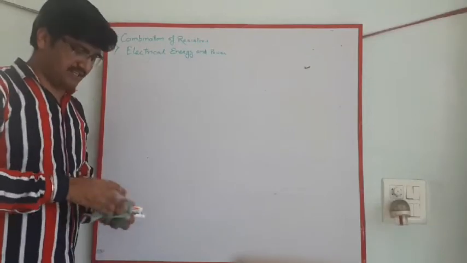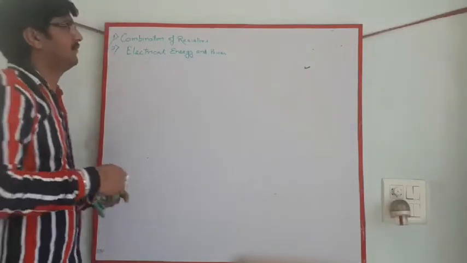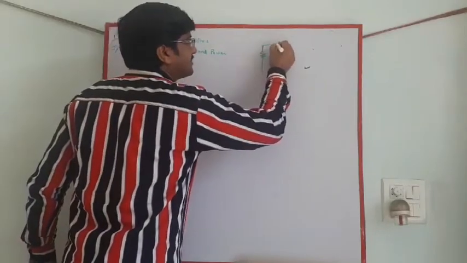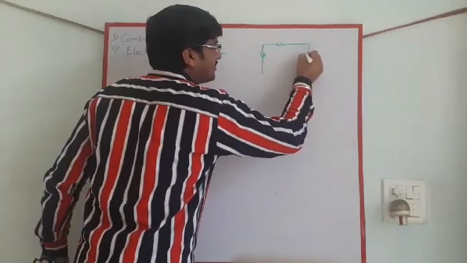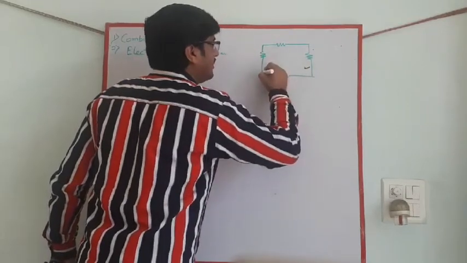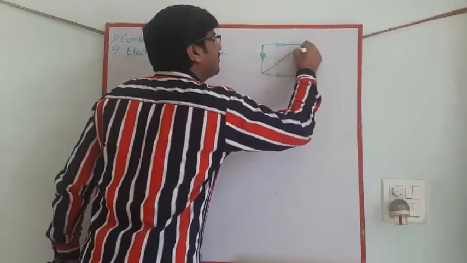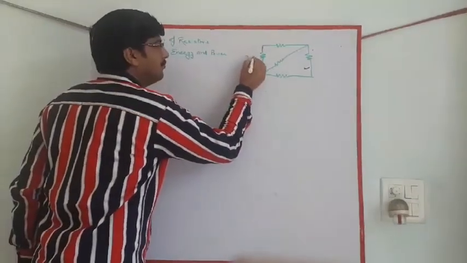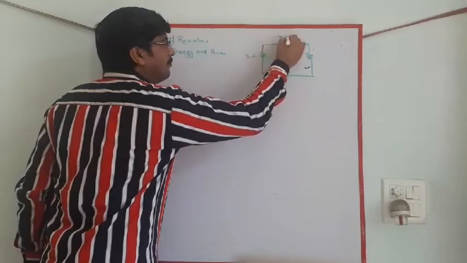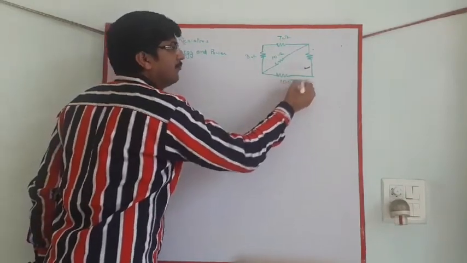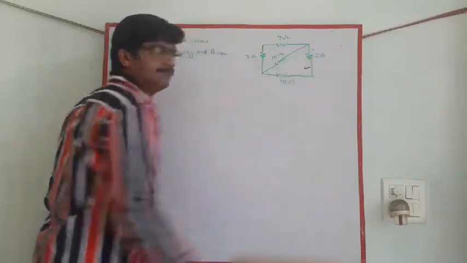One question was there. There was a network of resistances, first resistance, second resistance, third resistance, fourth resistance, and the fifth resistance. Though they were having different values, these were 3 ohm, 7 ohm, 10 ohm, 10 ohm, and 5 ohm.